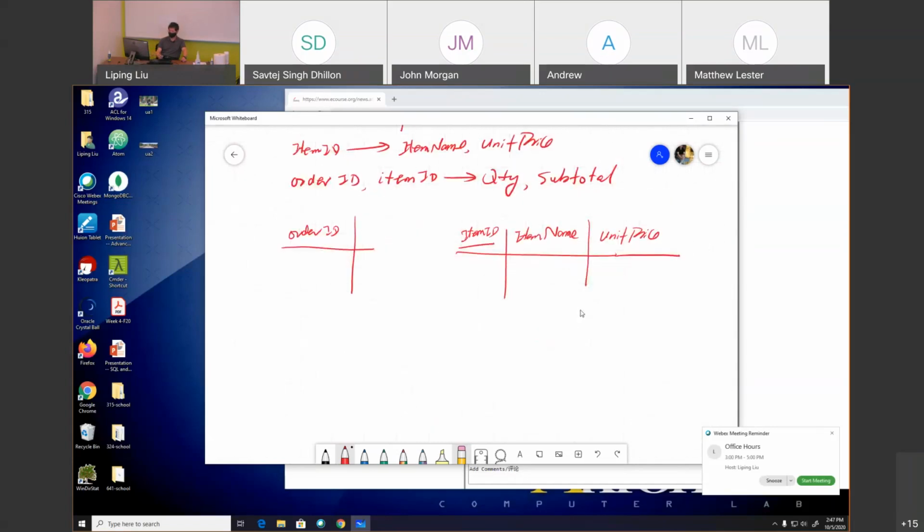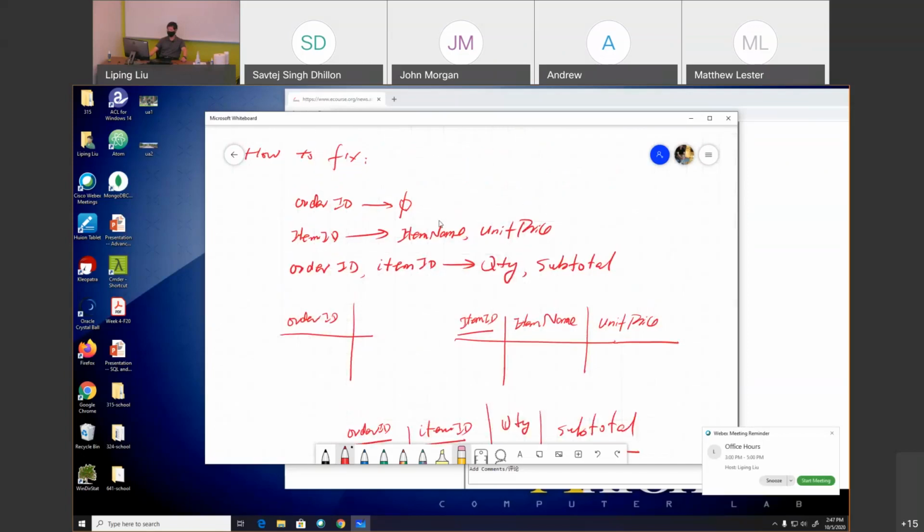And then finally, we have one table which consists of 2 key columns, order ID and item ID, those together as one primary key. And then the quantity and subtotal as non-key columns.